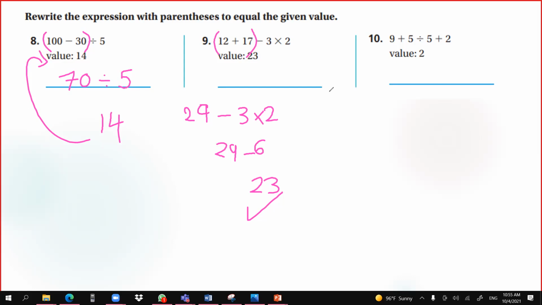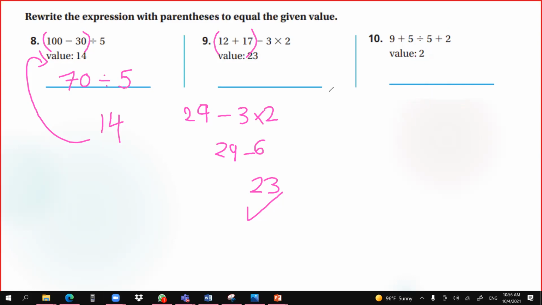Okay. I want the value to be 2. So if you start with a division like this, what do you have? Divide by 5. 1 plus 9 plus 2, 10 plus 2, 12. Did you get 2? No, so that means you should change the place of the parentheses.